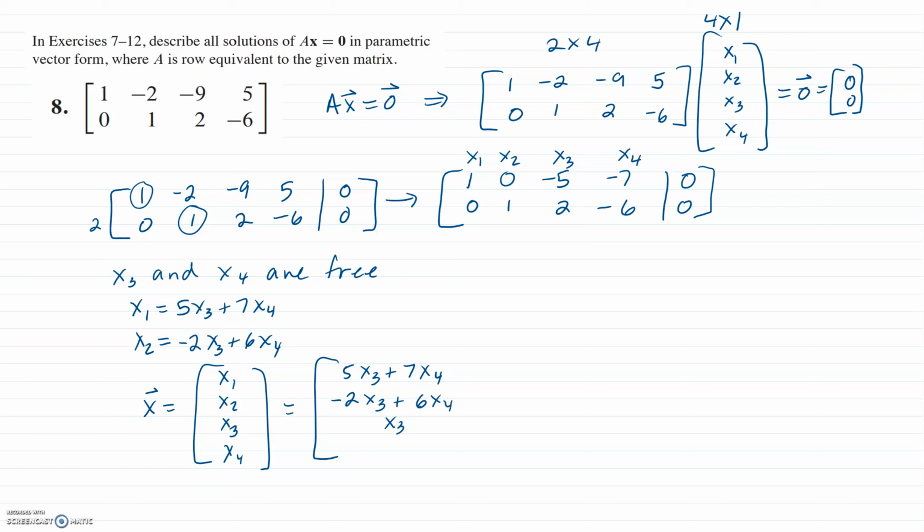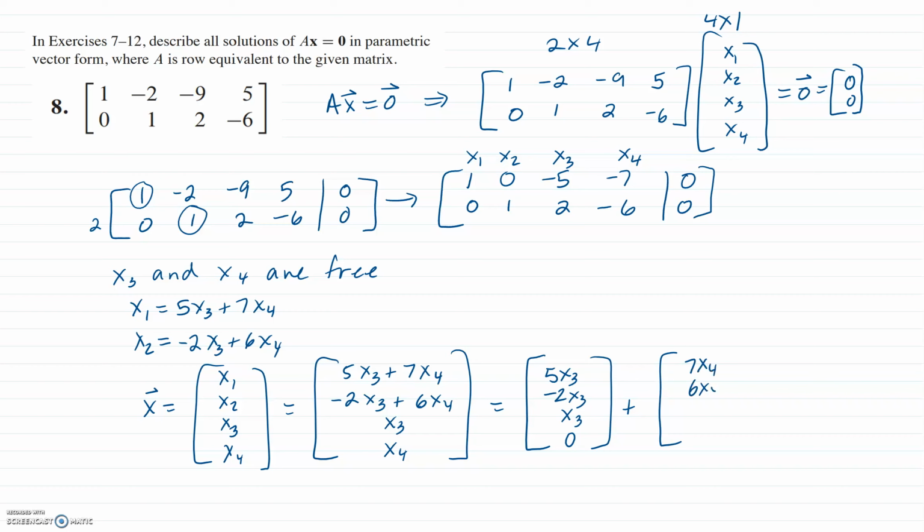We'll leave x3 alone and x4. And you can see that this is going to be split up into two different vectors. The ones with the x3s plus the terms with the x4s. 7x4, 6x4. There's no x4 in the third one. I put a 0 there, and x4. You add them together, you do get this.